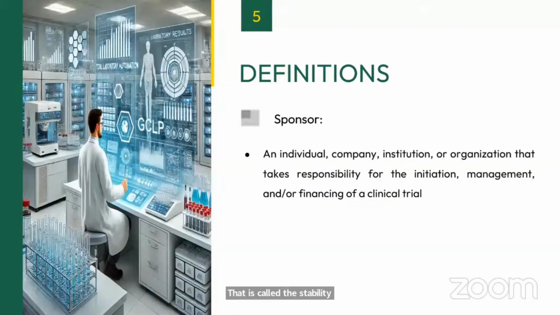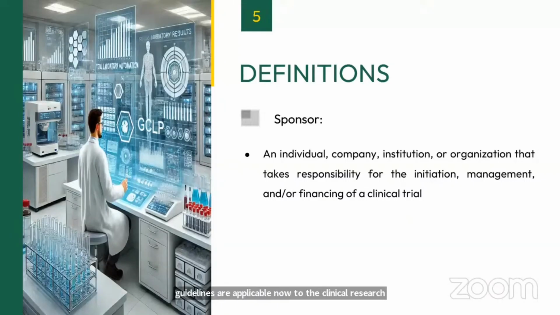The next definition is sponsor. What is a sponsor? An individual, company, institution, or organization that takes responsibility for the initiation, management, and financing of a clinical trial. In the beginning itself, I mentioned that these guidelines are now applicable to clinical research laboratories also.